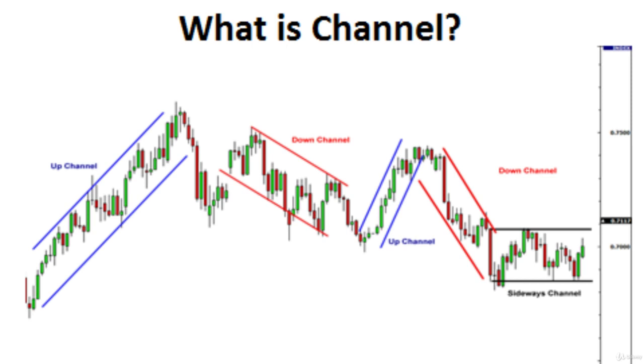At the absolute end of the chart, you see horizontal lines which connect the same tops and same bottoms, which is called a sideways channel or parallel channel. So with the help of this chart, you can clearly identify an upward channel, a downward channel, or a sideways channel. I hope you better understand channels and trend lines in this lecture.